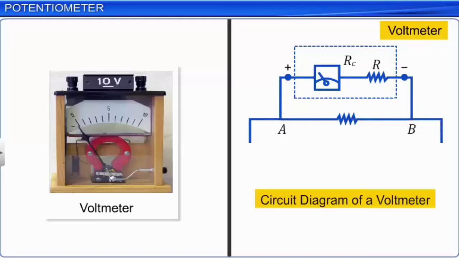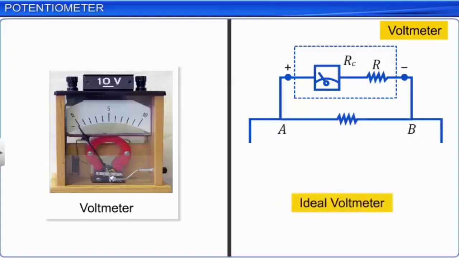altering the overall potential difference that is to be measured across the given resistor. This alteration leads to an error in the measured value of the potential difference across the given resistor. Thus, the voltmeter is not an ideal device to measure potential difference. An ideal voltmeter should have an infinite resistance.